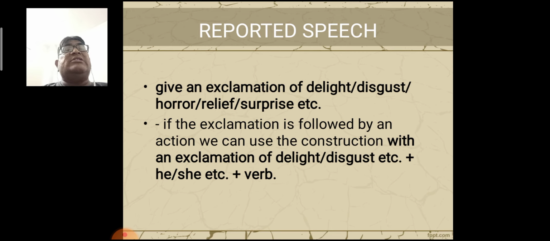Give an exclamation of delight, disgust, horror, relief, surprise, etc. So these words can be used in place of said to or said only. If the exclamation is followed by an action, we can use the construction with an exclamation of delight, disgust, etc. plus he, she, etc. plus verb.